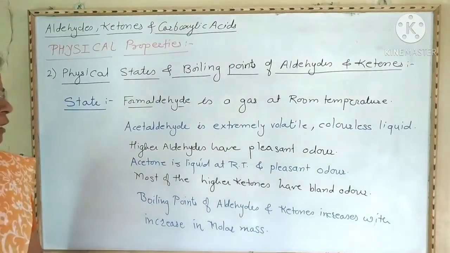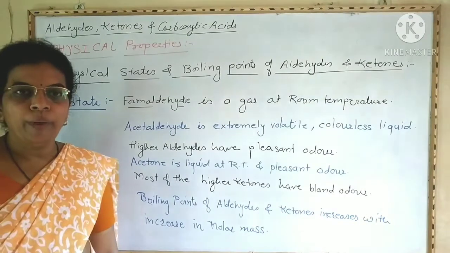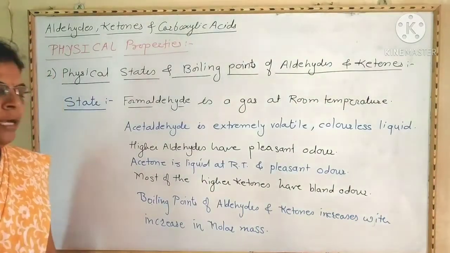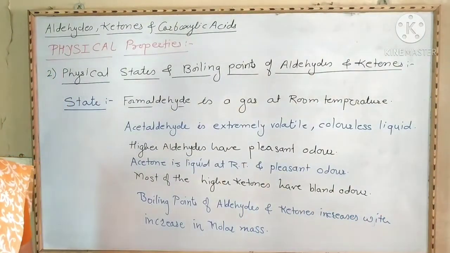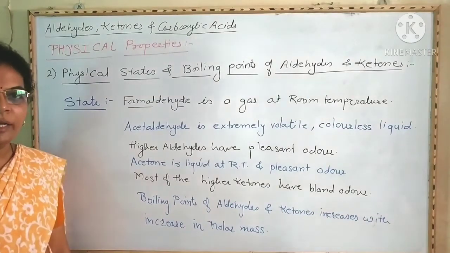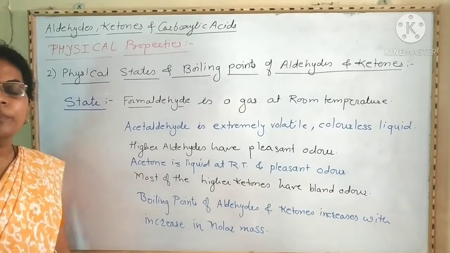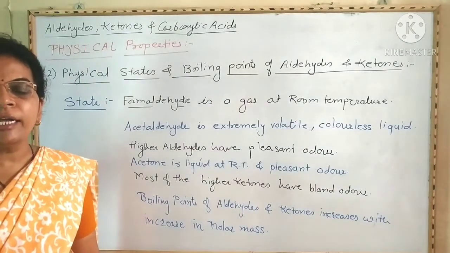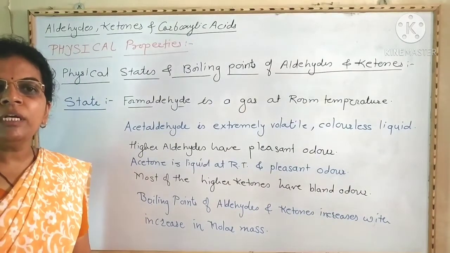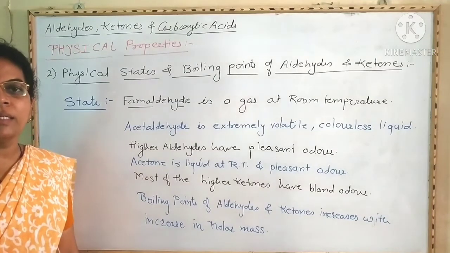Acetone is a liquid at room temperature and it has pleasant odor, but most of the higher ketones have bland odor. Then boiling point: boiling point of aldehydes and ketones increases with increase in molar mass.